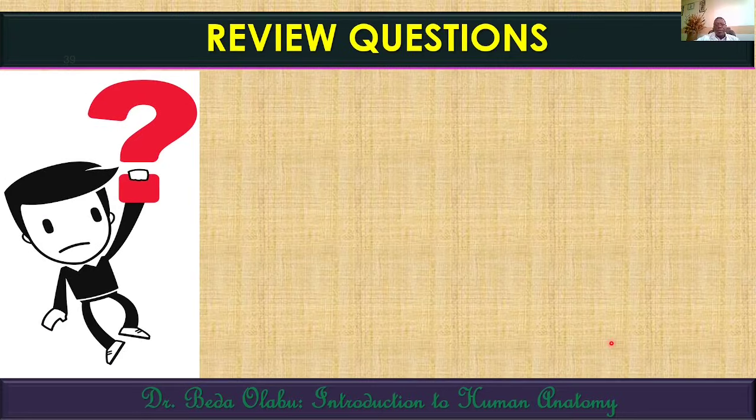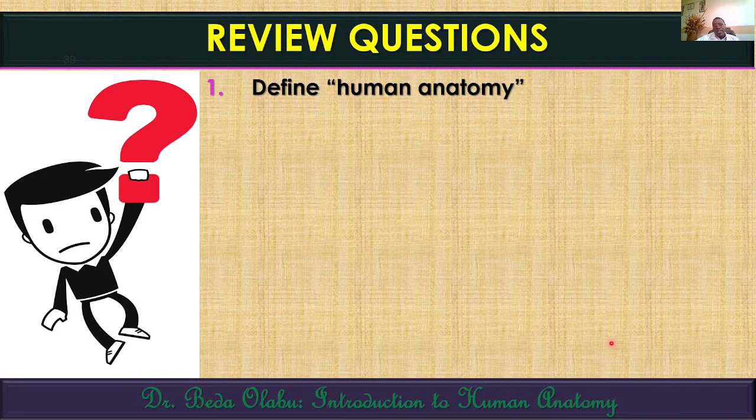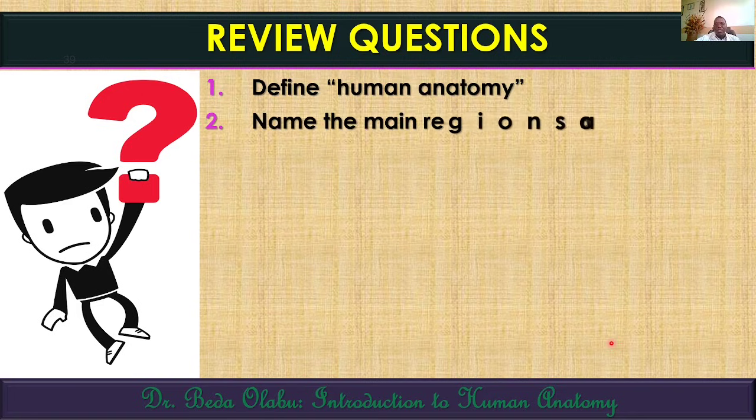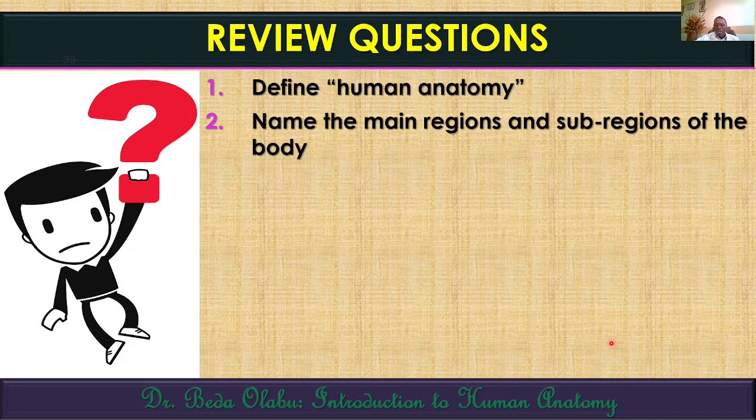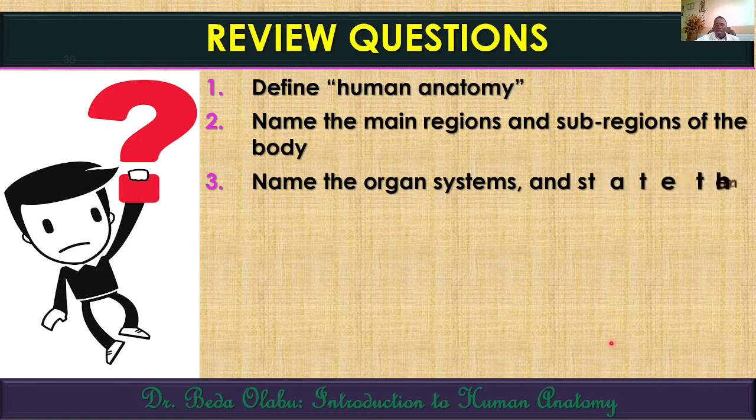And so, maybe just to jog your mind a bit, in terms of what we've done in this lecture, we have defined what is human anatomy. I believe you can do it. I believe you can also name the main regions and subregions in the body. I believe you can name now 13 or 14 organ systems and state at least one key role for each.